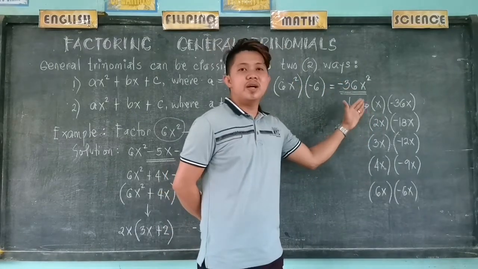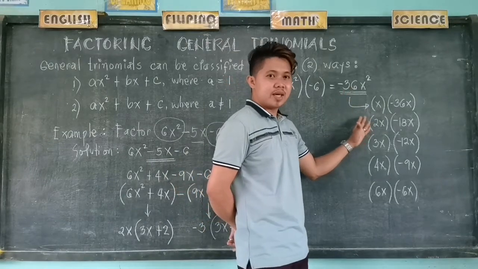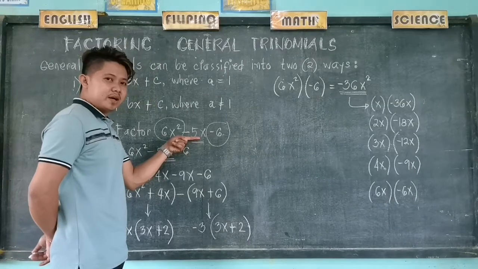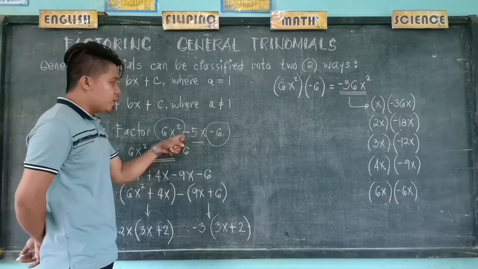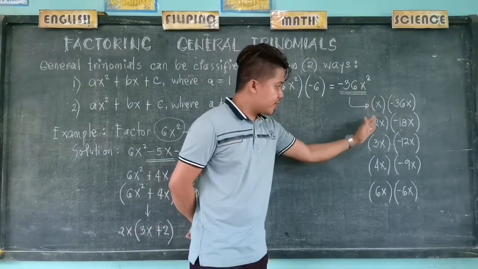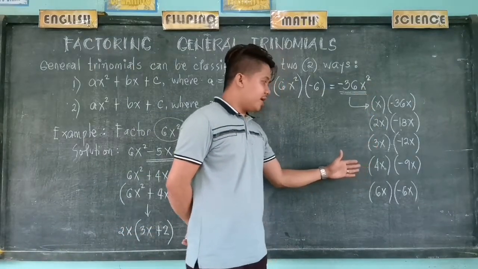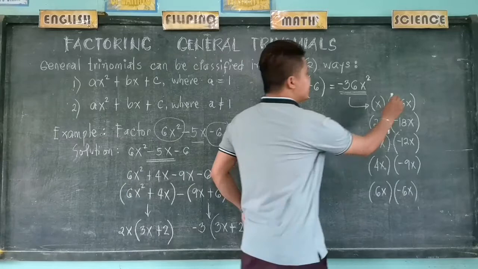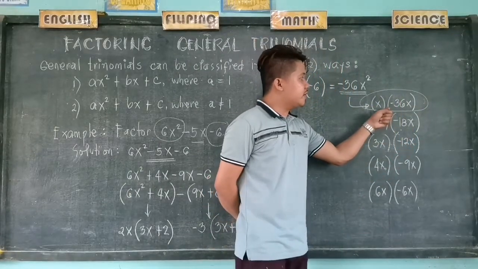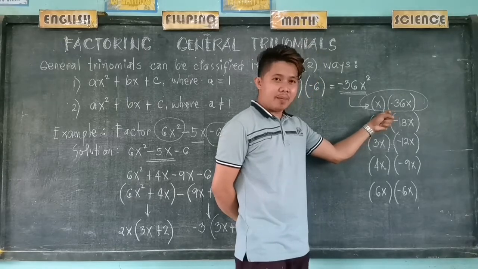We will consider the sum of the factors. It must be equal to the middle term or the linear term, which is negative 5x. So which among the factors has the sum of negative 5x? If we add this one, the result is negative 35.